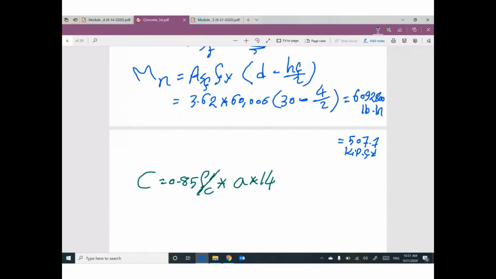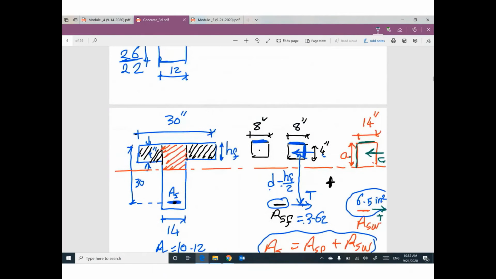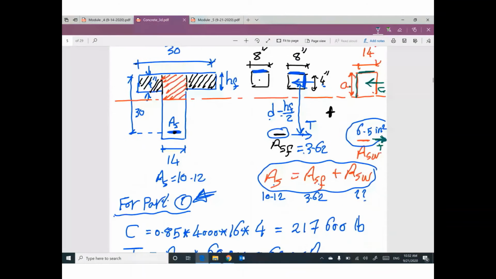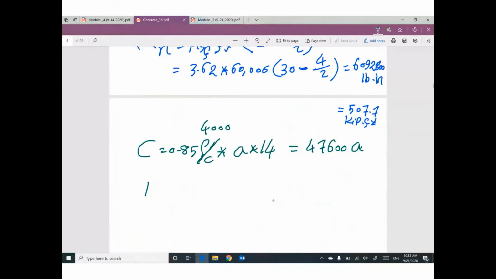So I can figure out this number as a function of a. 0.85 times 4000 times 14 will be 47,600 a.